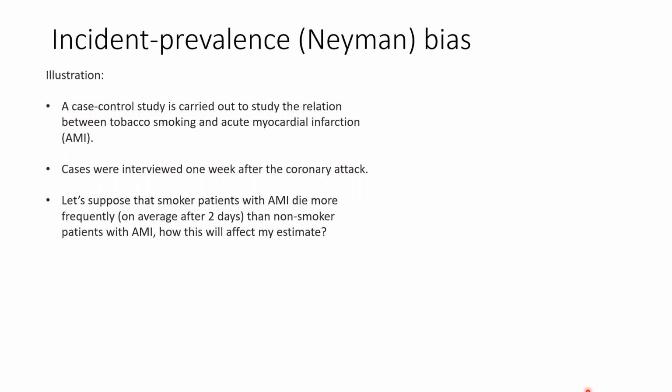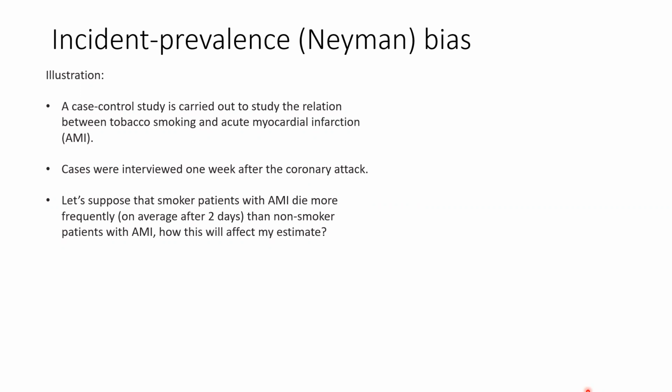Yes, now yes. Okay. So let's say that you have a case control study to study the relation between tobacco smoking and acute myocardial infarction. Let's say that cases were interviewed 1 week after the coronary attack. And let's suppose that smoker patients with myocardial infarction die more frequently, on average after 2 days, than non-smoker patients.